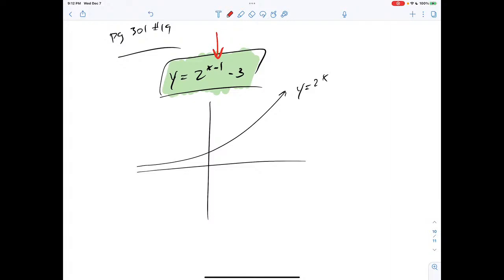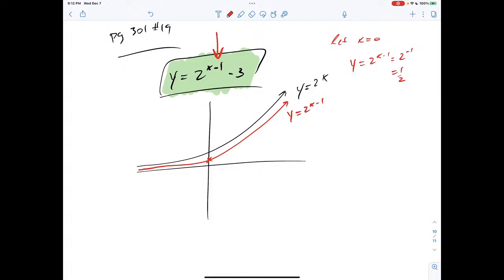So notice if I let x equal 0, y equals 2 to the x minus 1 equals 2 to the negative 1, which is a half. So your y-intercept goes down. This would be a graph of y equals 2 to the x minus 1.